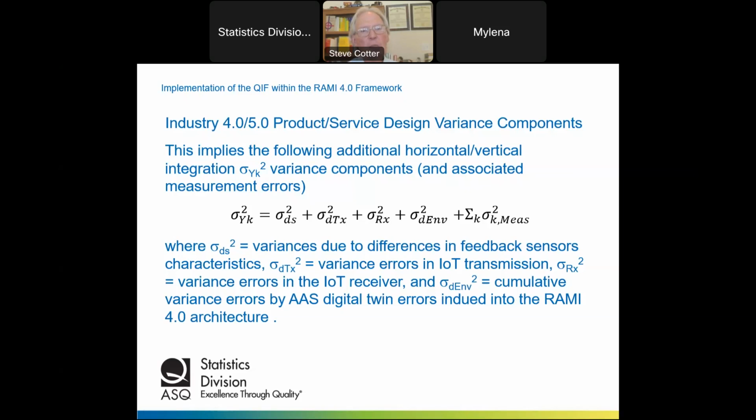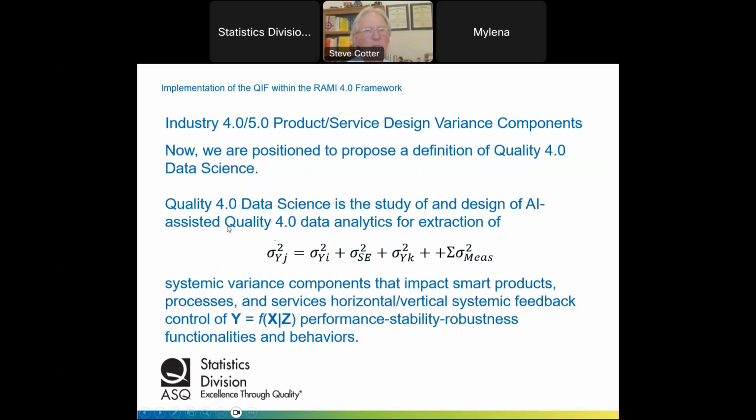The sigma square DXT, variance errors in IoT transmission, sigma square RX is variance errors in IoT receiver, because you have a transmitter and receiver, and sigma square D environment is cumulative variance errors by ASS digital twin errors in the RAMI 4.0 architecture. So that leaves, and I apologize, I went back, I shouldn't have. This is an individual set of variance components.